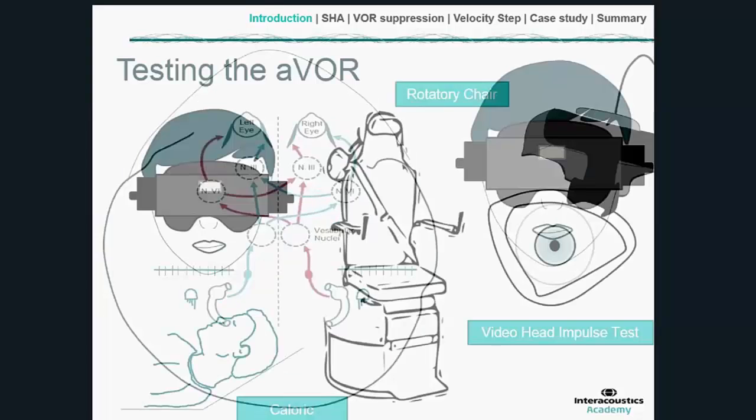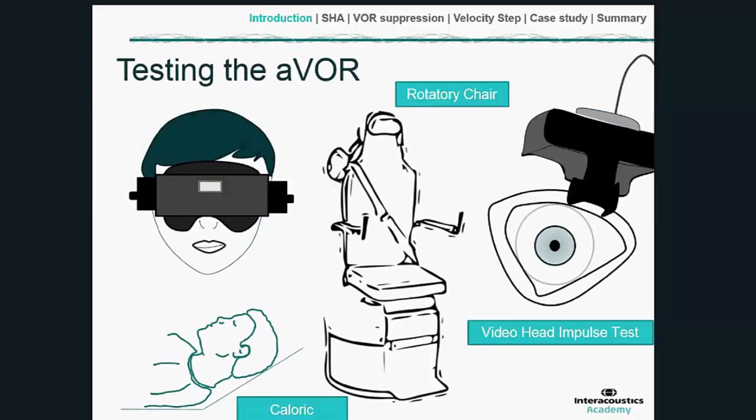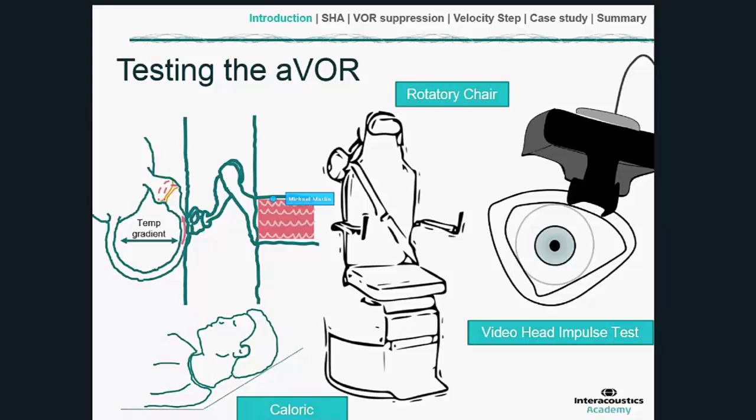Now, there is a whole battery of different subtests in the wider vestibular test battery that we can use to stimulate and then test the angular VOR. A traditional and very well-known test is, of course, the caloric test, displayed on the right here. We have a patient in the caloric test position as they lie back, and we use our instrumentation to track the eyes as we change temperature in the ears.